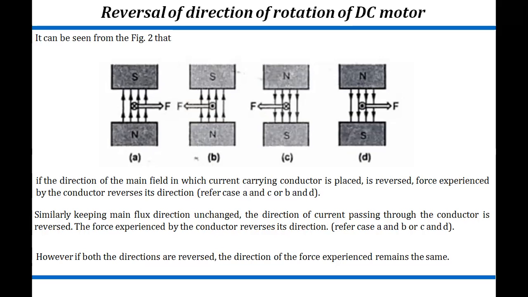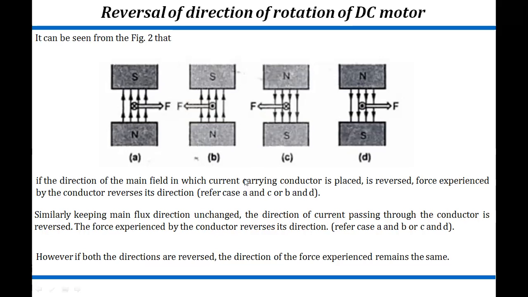So if we change the direction of the supplied voltage, the direction of rotation of the DC motor will get reversed. If the motor rotates clockwise and we change the direction of the power supply, the motor will rotate in the opposite direction.